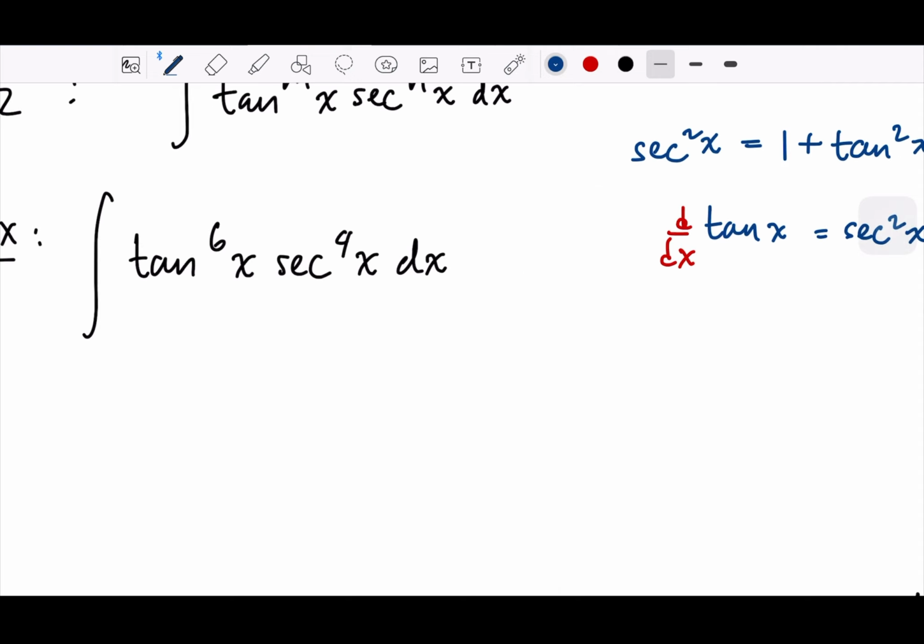So the point is, we are taking the tangent with power of 6 and secant squared and then secant squared.